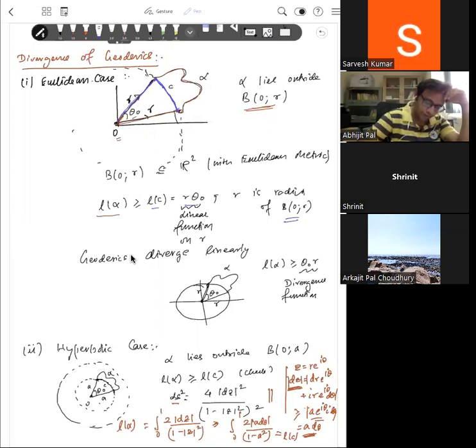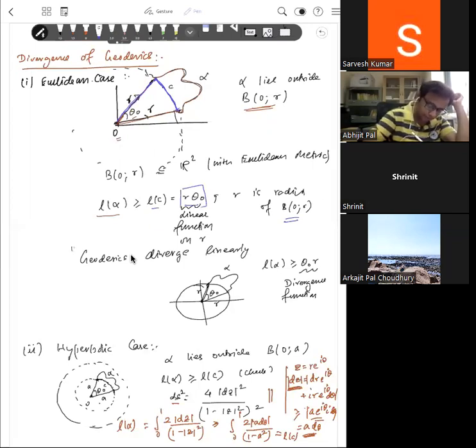So this is a linear function of the radius of the ball. The length of alpha is greater than or equal to r theta naught.